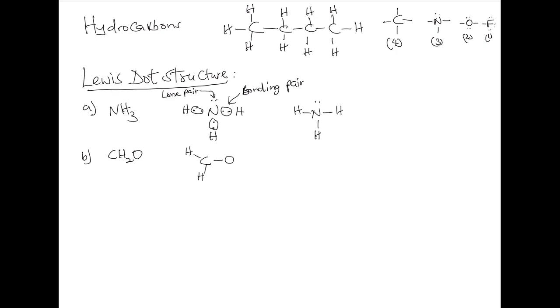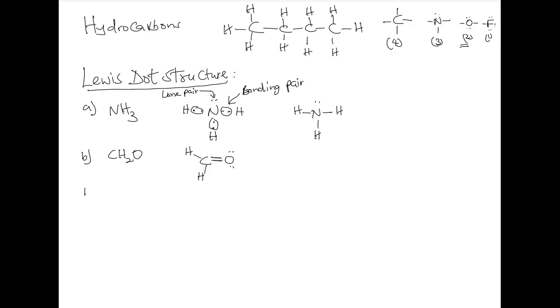Oxygen needs to have 2 bonds because we said it has a bonding capacity of 2. So we can do that so that carbon is happy and oxygen is also happy. So then we have the Lewis dot structure for CH2O, where the bonding electrons, we just show them as lines.